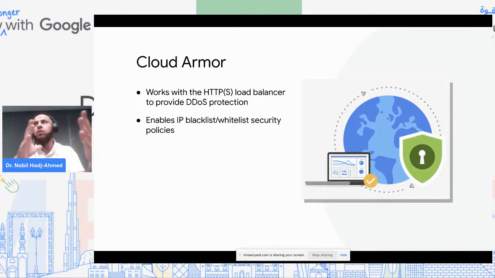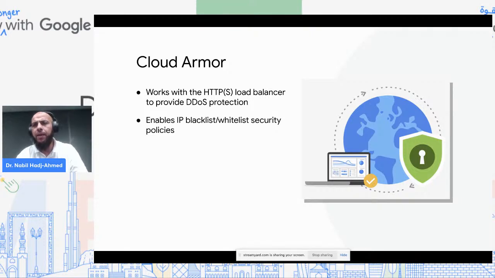So if I have a concern about traffic coming, for example, from a particular country, I can block the entire country. I can say this geographical area, I don't want to receive any traffic from them. It also works with security offerings from third-party products. So it is a comprehensive security model for your GCP services as well.